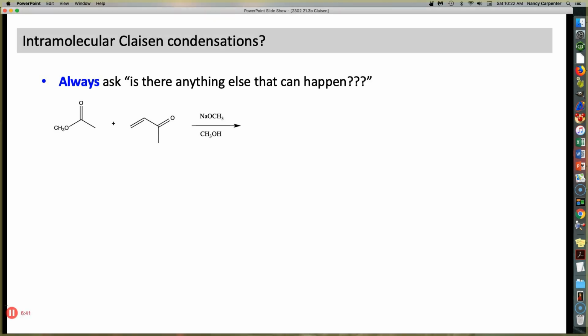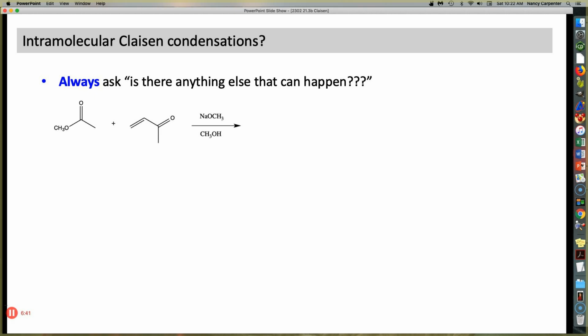Given that I'm under basic conditions, I can generate an enolate here, or I can generate an enolate here. If I want this reaction to go the way I want it to, I'm probably going to control the addition of the reagents so that I get the enolate I want.